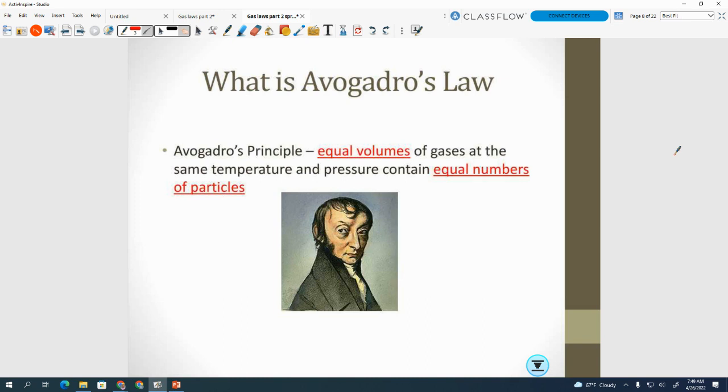So what he established is, if he had a container with a volume of 22.4 liters, he found out that at 1 atmosphere of pressure, at standard temperature and pressure, at STP, this container will hold exactly 1 mole of a gas.